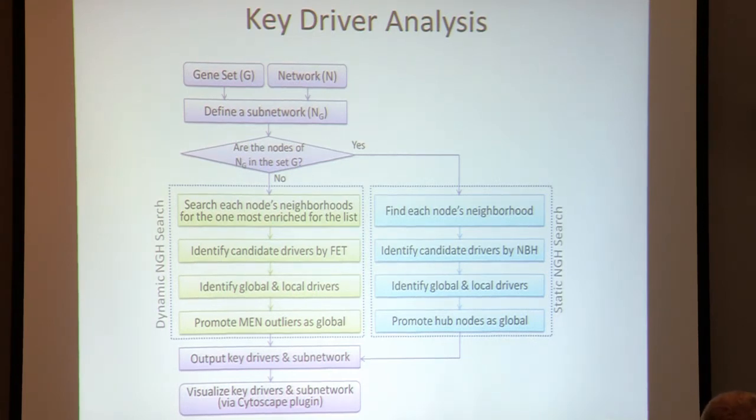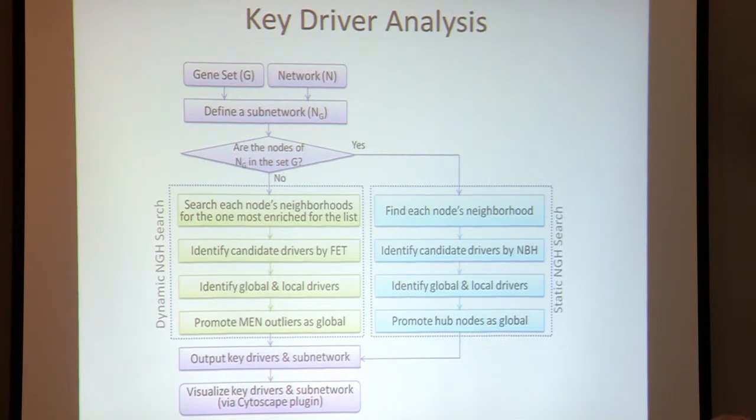So in this case, we have to figure out whether the genes of our interest are really enriched in a certain neighborhood. I will give more details about this. You want to check whether some nodes' neighborhoods are more enriched for the gene list.